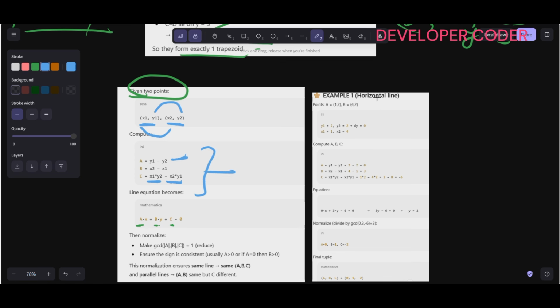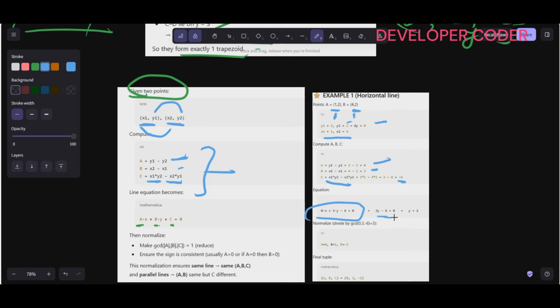Let's see some example here. These two points, right? So here y1 is equal to 2 and y2 is equal to 2, so the change is 0. x1 is equal to 1 and x2 is 4. So y1 minus y2 you get 0, and b you get x2 minus x1, just apply the formula, so you are going to get 3, and c you calculate as x1 into y2 minus x2 into y1, so you are going to get something like this.